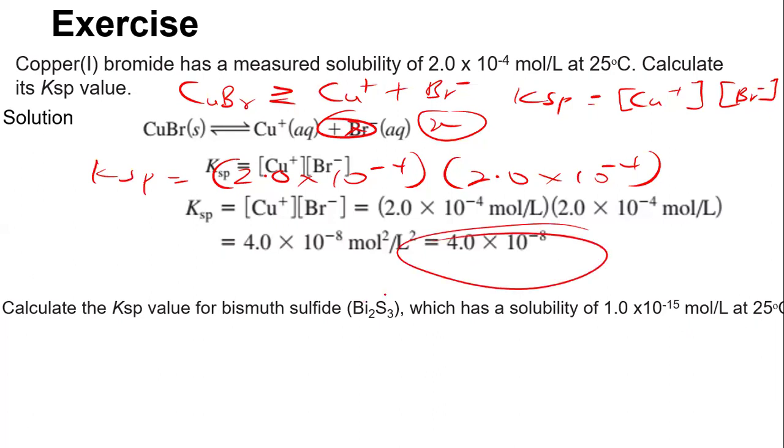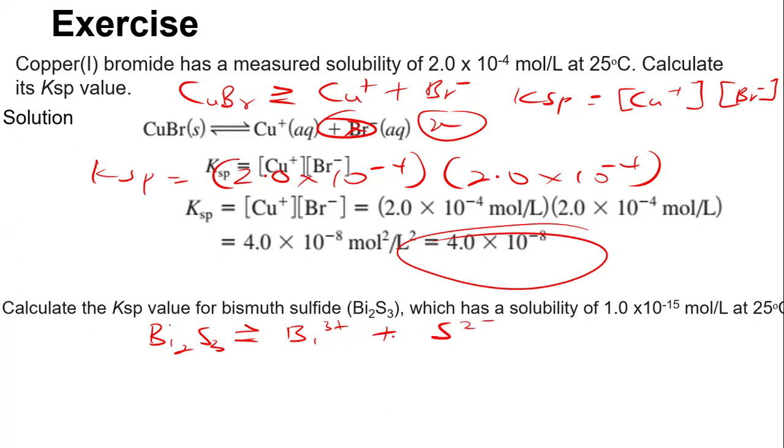Very simple, right? Now, the next question says we have to calculate the Ksp value for bismuth sulfide, which has a solubility of 1.0 times 10 raised to the power -15 mole per liter. This is also a very simple question. We have bismuth sulfide, Bi2S3. The equation I will get is bismuth 3 plus plus sulfide 2 minus.